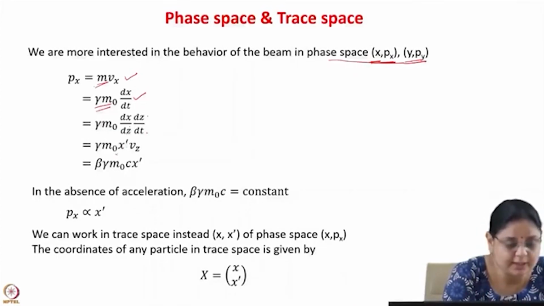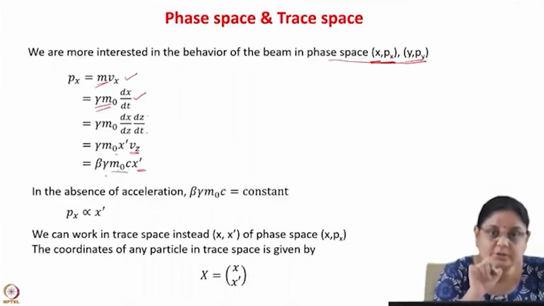So you can write this as x prime, and dz by dt is vz. So vz is beta times c. So this can be written as beta gamma m0 c times x prime. Now, if the charged particle is moving with a constant velocity, that means there is no acceleration.